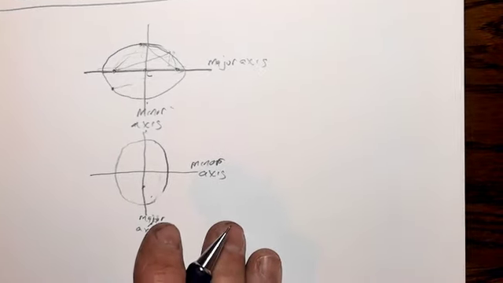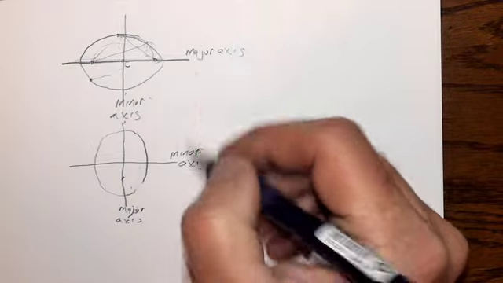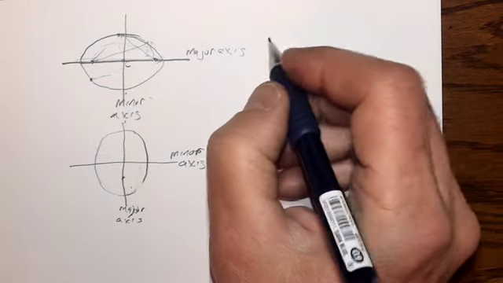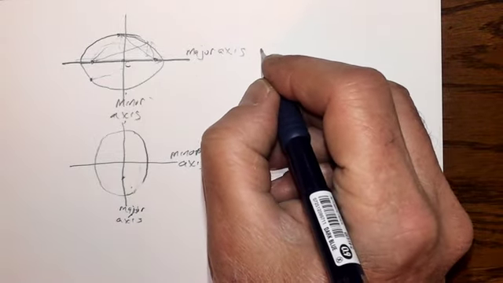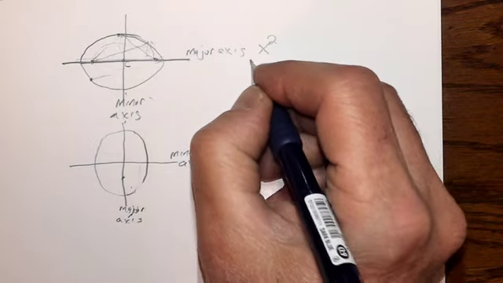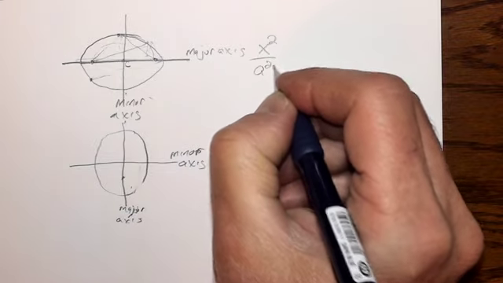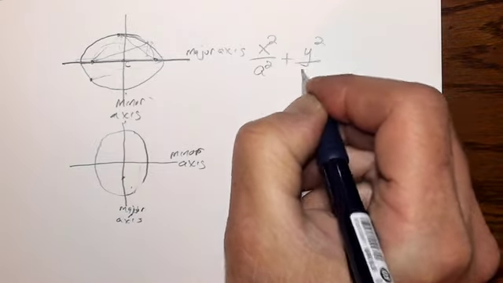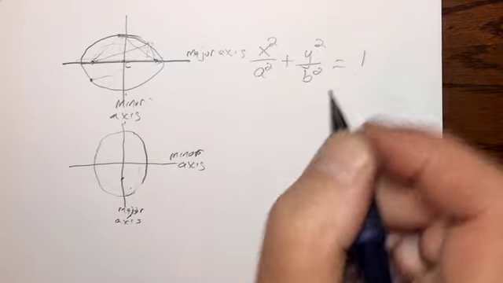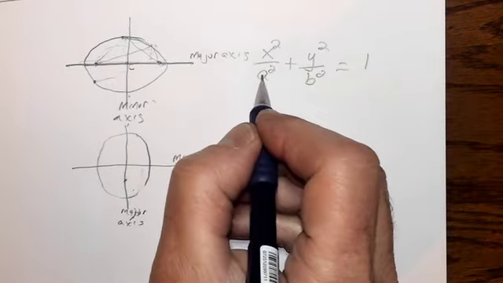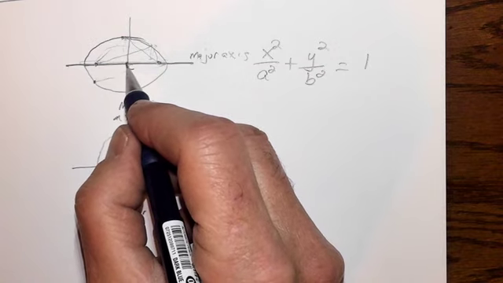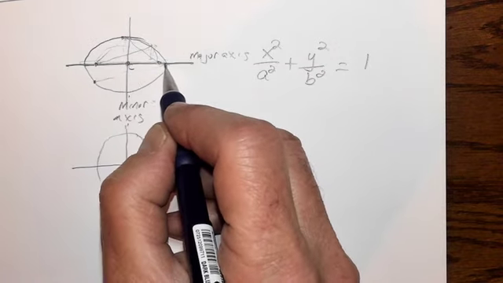Okay, so we have two different things. The equations of these are related, but they're different. And so all it really is is x squared over a squared plus y squared over b squared equals 1. Where this length a right here is the distance from here to here.